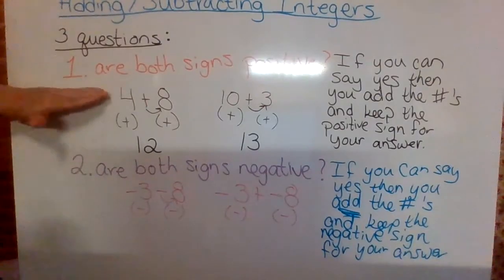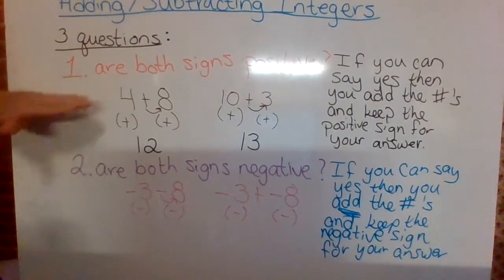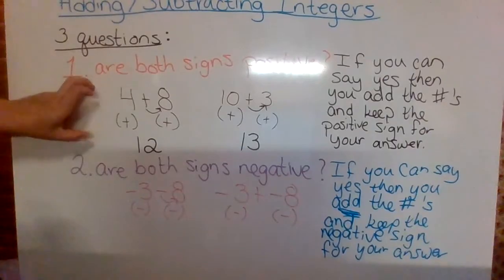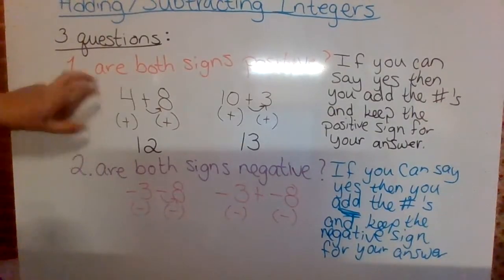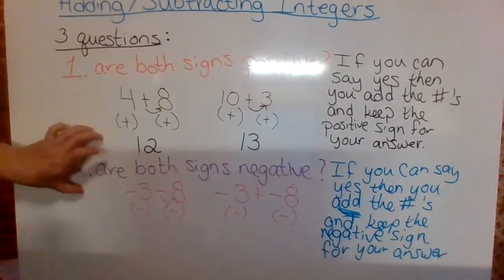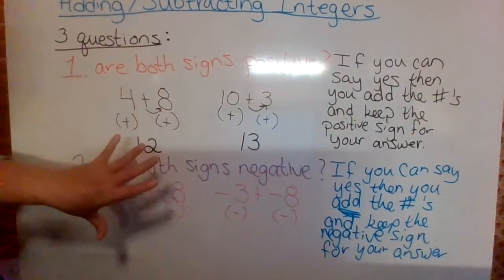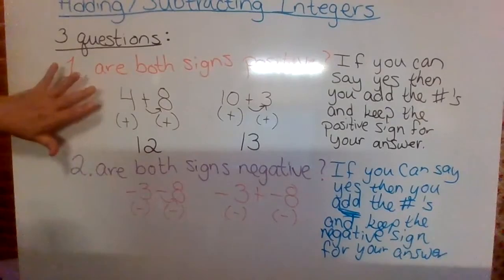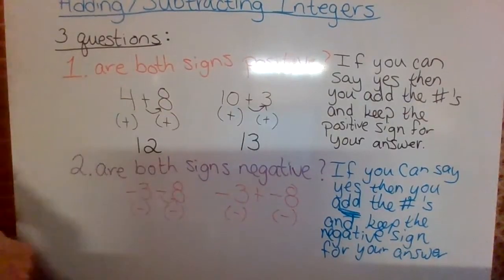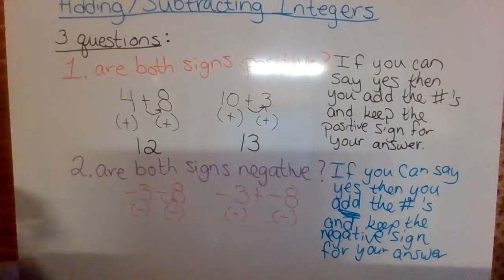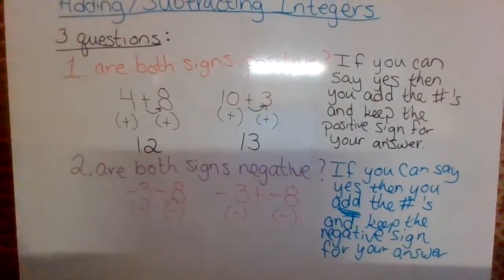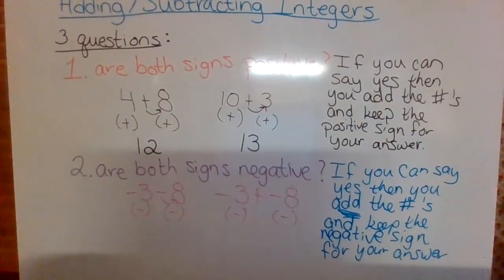Okay, so if you can say yes to the first two, where both of your signs are the same, whether they're both positive or they're both negative, then you add your numbers. And then you keep the sign that you have here. Okay? So those are your first two questions.